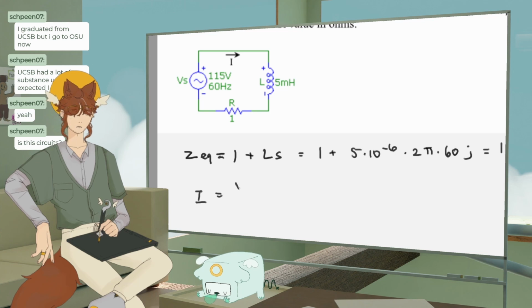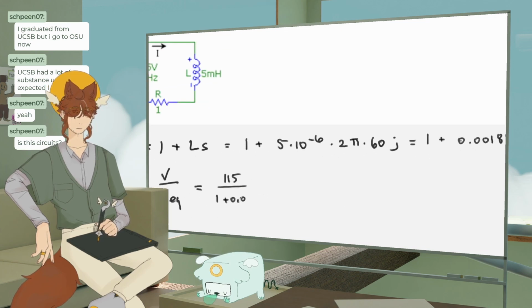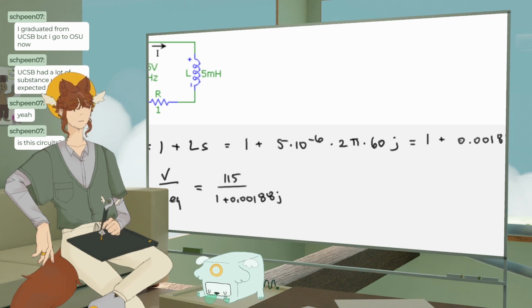Yeah, that makes sense, because Z is our equivalent resistance, essentially. 115 over 1 plus... Sure. We can complex conjugate this bad boy. Sort of unfortunate.